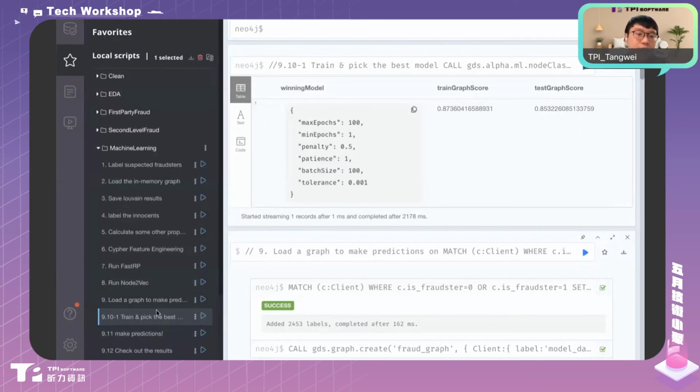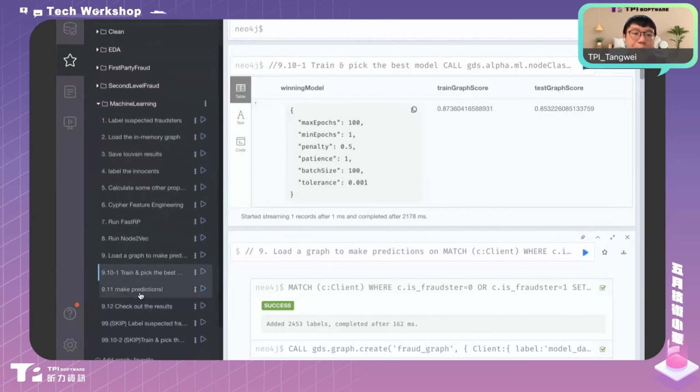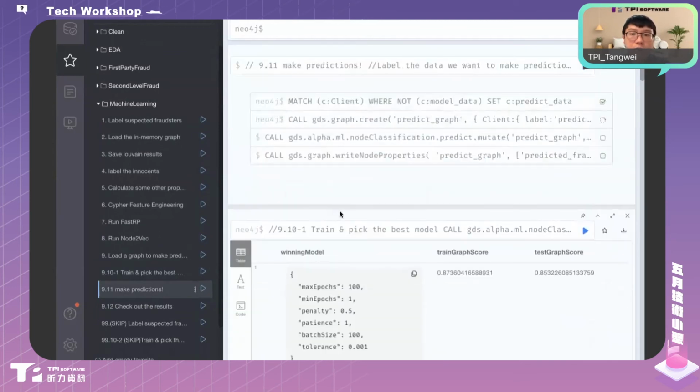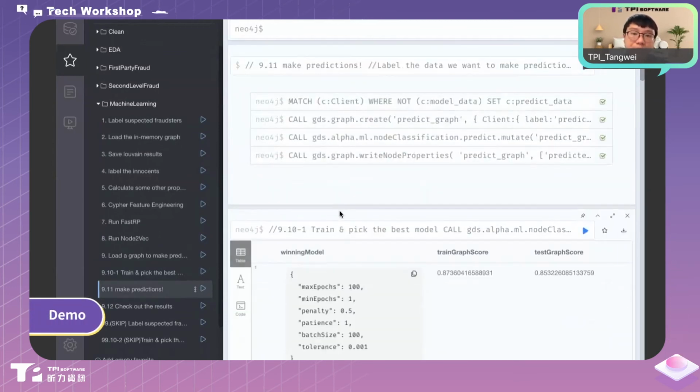And then in the final part, we can make the predictions. In this part, we run this, and it will use the winning model as our machine learning model to predict on our unlabeled data.